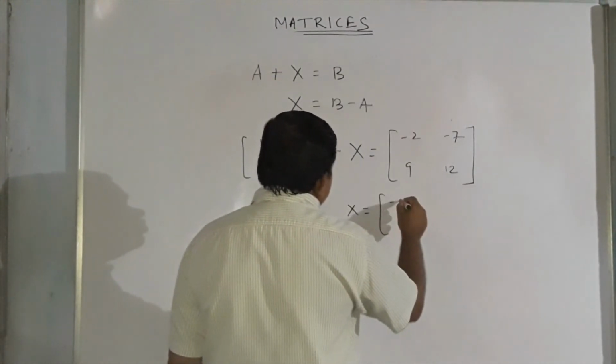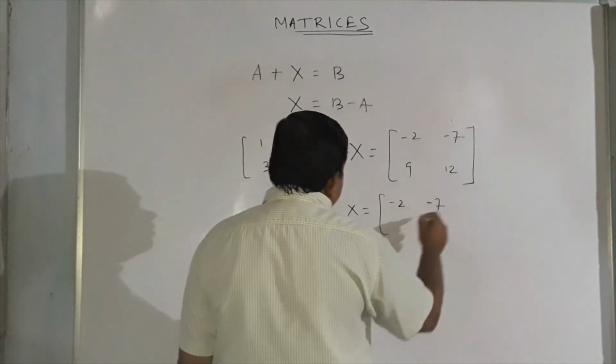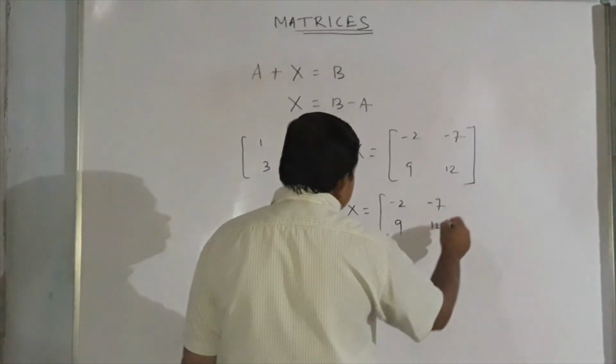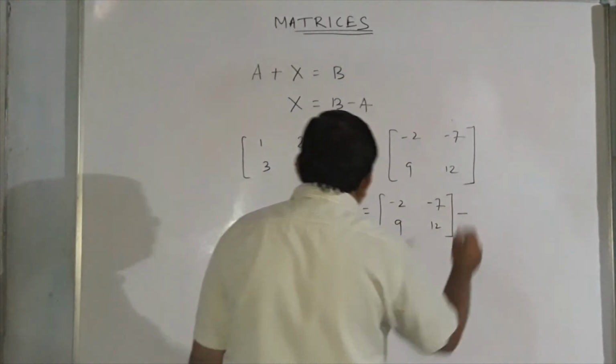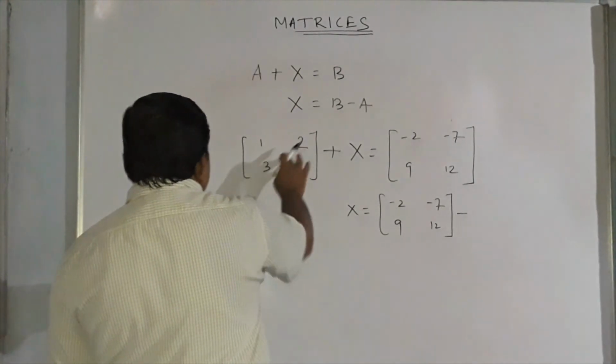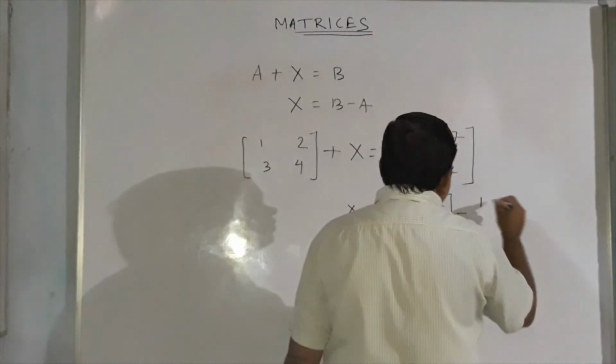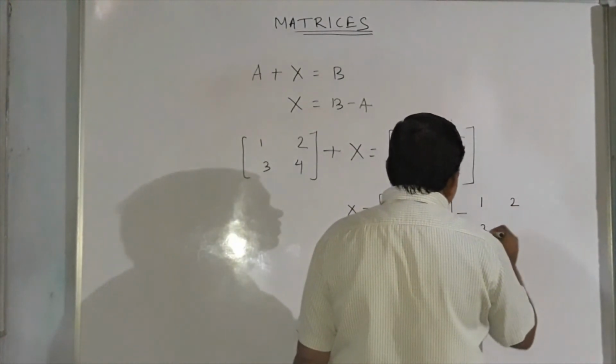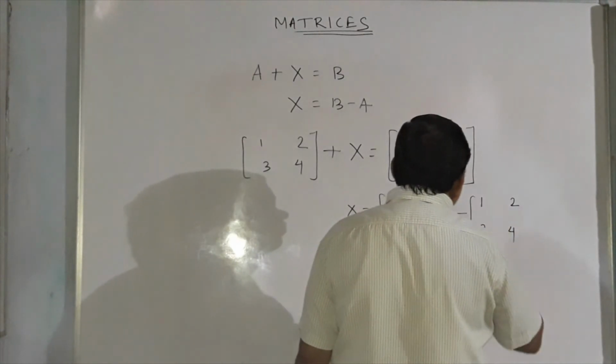So X is equal to minus 2, minus 7, 9 and 12, minus 1, 2, 3, 4.